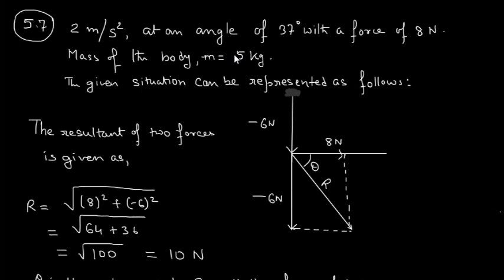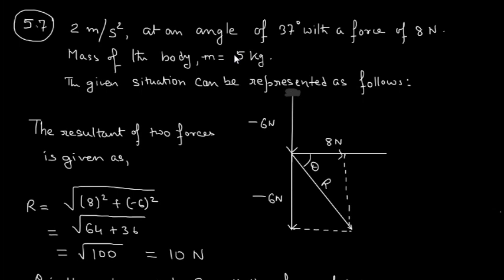Solution for 5.7: 2 meter per second square is the answer for acceleration, and the direction is at an angle of 37 degrees with the force of 8 Newton. So this is the answer.